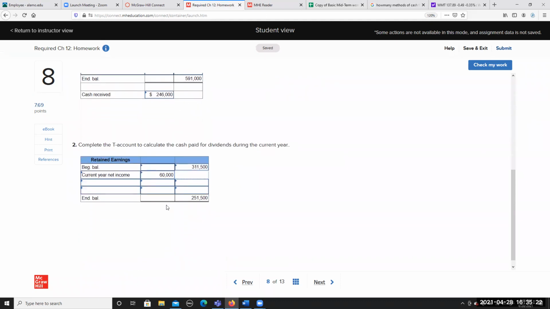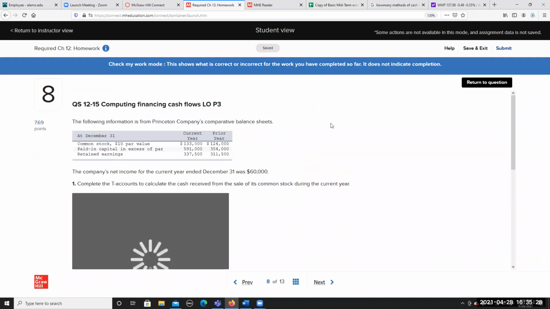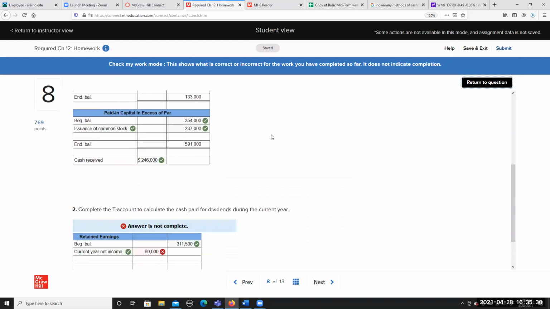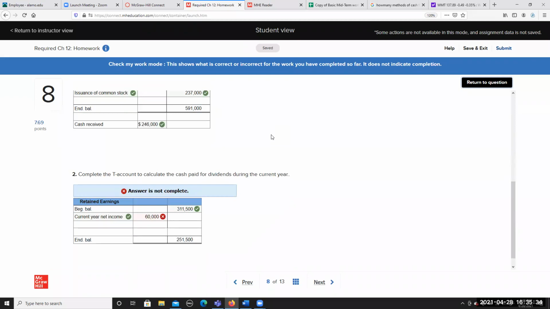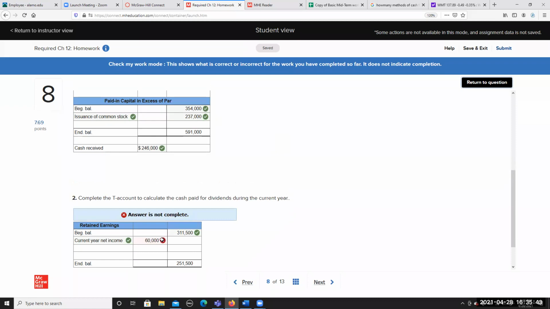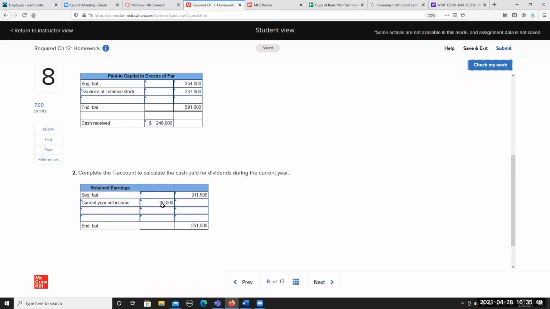Let's see, where do you put this? Okay, I'm a little confused on this one, but let's check out how we did. T account, oh, cash paid for dividends. Yeah, okay, I wasn't thinking. I had to finish this section. All right, so we got the first two parts right. We've got to finish this.